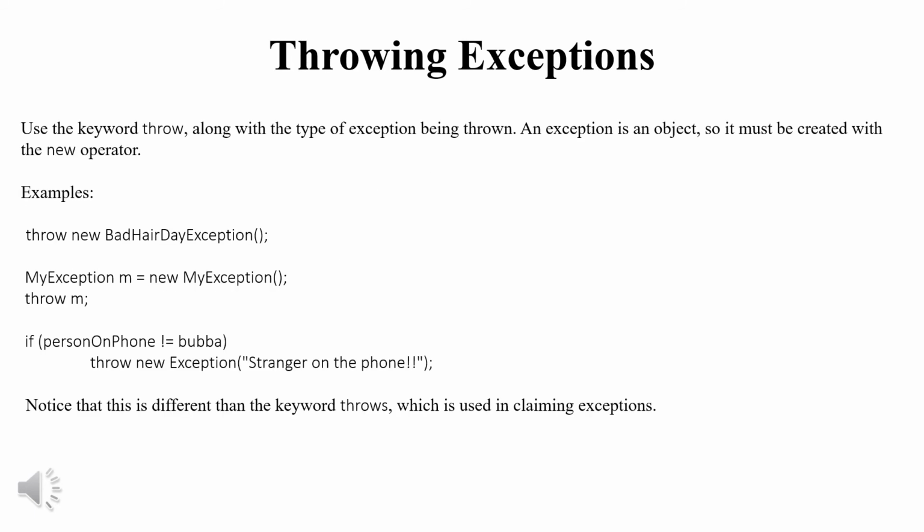Okay, the next step for handling the exception is throwing the exception, right? It means, as I mentioned before, each exception is an object, right? So you need to create the exception and then throw the exception. How? By using the keyword throw. Keep in mind that this keyword throw is different from the previous keyword that I mentioned.